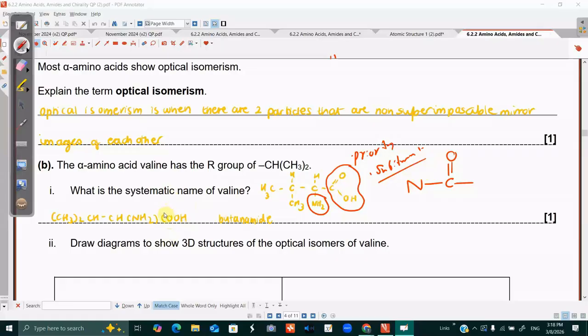Substituent group names are in the middle of the name, not at the end. The priority group is always at the end, so the priority group is the suffix, right? The substituent group, looking at the whole structure, can be part of the middle name or the front name, right?